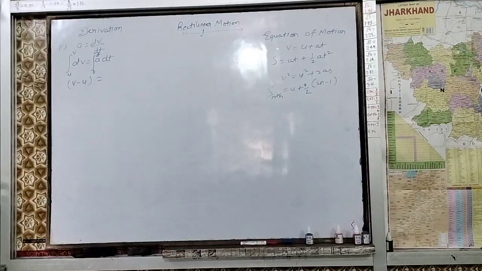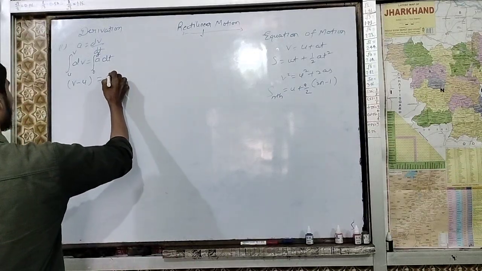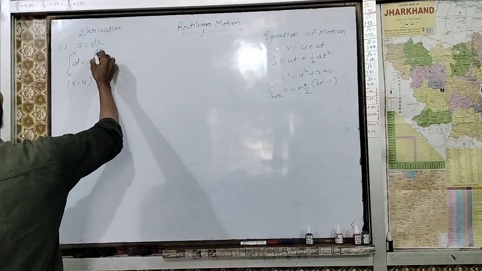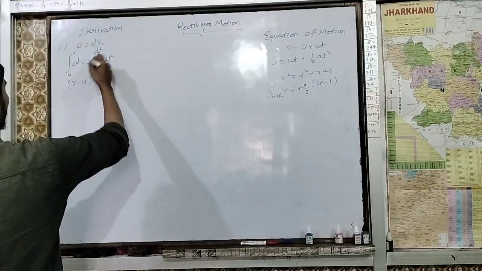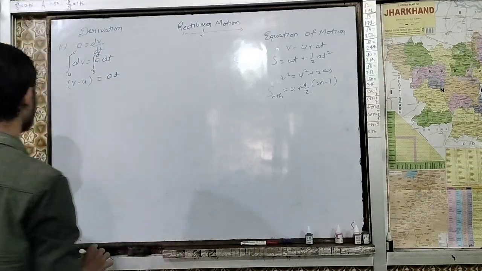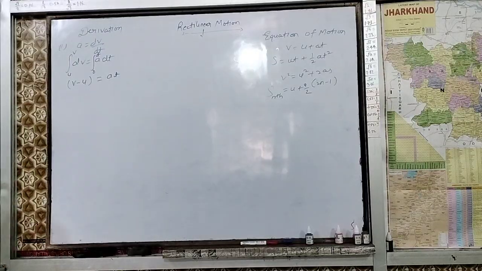Integration of dt will be t minus 0, which is t. So we get at.